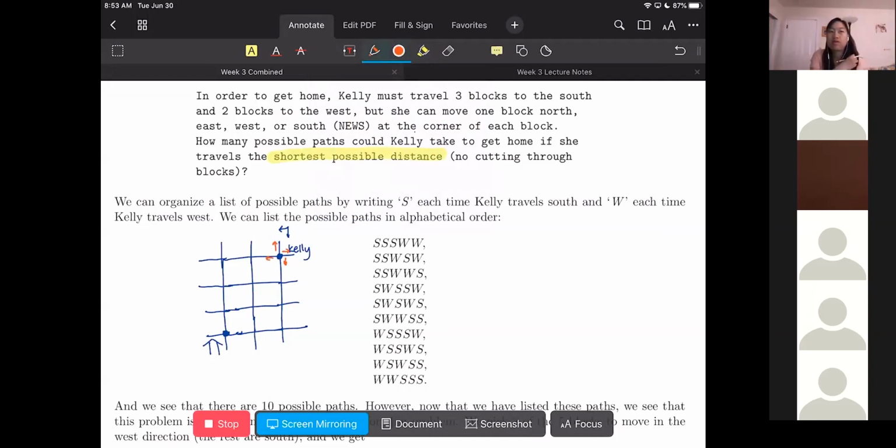The shortest possible distance for Kelly to go has to be 5. And if she wants to only go 5, she can only go south and west. She can never go north because that would be going backwards, and she can never go east, because every time she goes north or east, she has to go an extra block down or an extra block to the right.